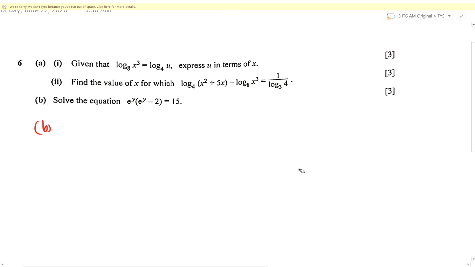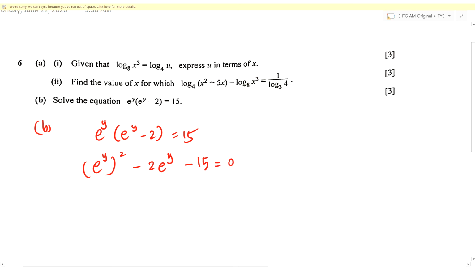Can you recognize that this is quadratic? So do the expansion. We have e to the power y and we square this because it's multiplied by itself. Minus 2 times e to the power y, minus 15 equals 0.